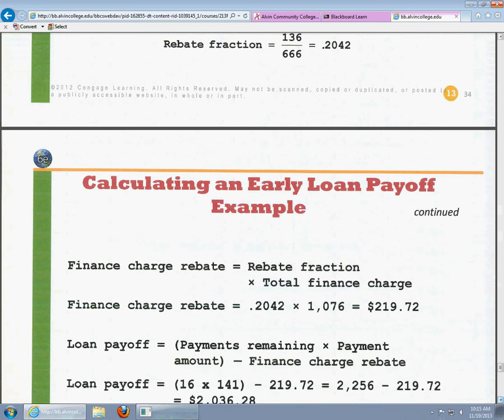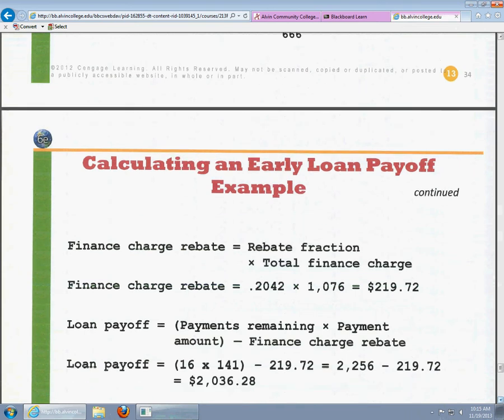And then we will subtract out the financial charge rebate, $219.72. So we have $2,256 minus $219.72, and so our payoff amount is $2,036.28.